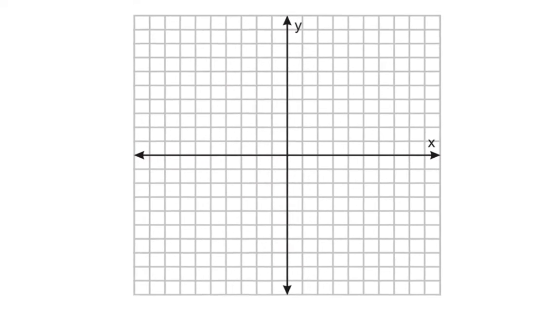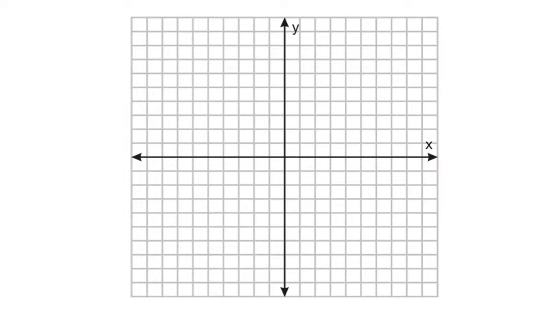So I have a blank Cartesian plane, and I'm going to do a rough sketch. Point A is (1, 7). So that is point A. Point B is (5, 5), which is right over here.